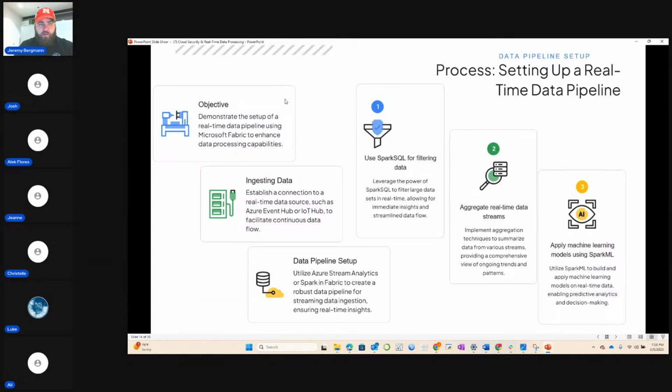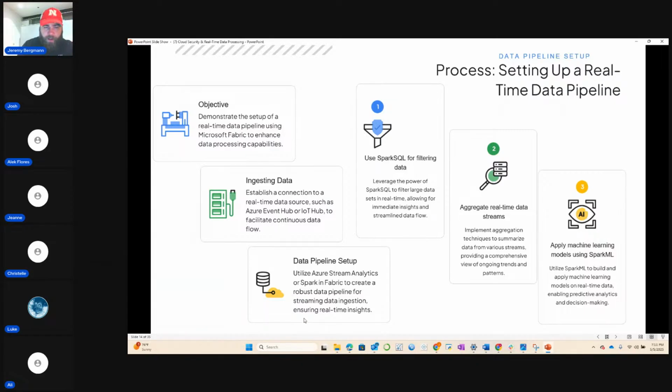And then here's the process for setting up a real-time data pipeline. If you had the objective of setting up a real-time data pipeline using Microsoft Fabric to enhance the real-time capabilities, you would first ingest the data through Event Hub or IoT Hub to facilitate that continuous data flow.